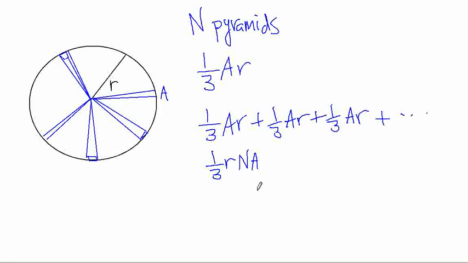Now, as n gets bigger and bigger, imagine if n was 100 or 1,000 or even 1,000,000, this approximation is going to get closer and closer to the volume of the sphere, which we've just established is 4/3 pi r cubed. Now, let me isolate n times A, so I can do some cancellation.